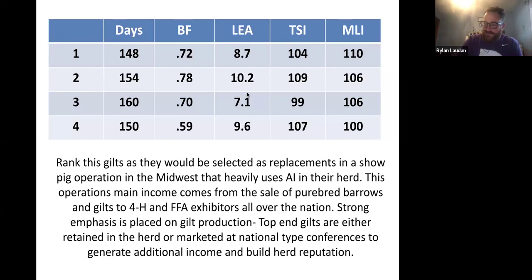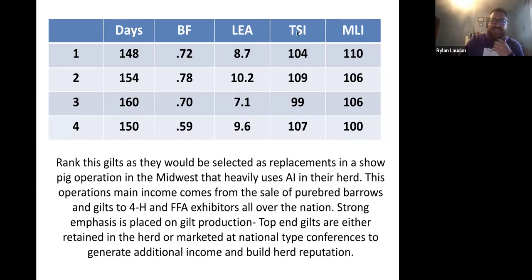Okay, so number 2, loin eye area goes to the 2 gilt. And then my smallest is number 3. Okay, so I've made note. I've already made 2 squares on number 3? Probably not doing so hot for number 3 right now. We don't like that.